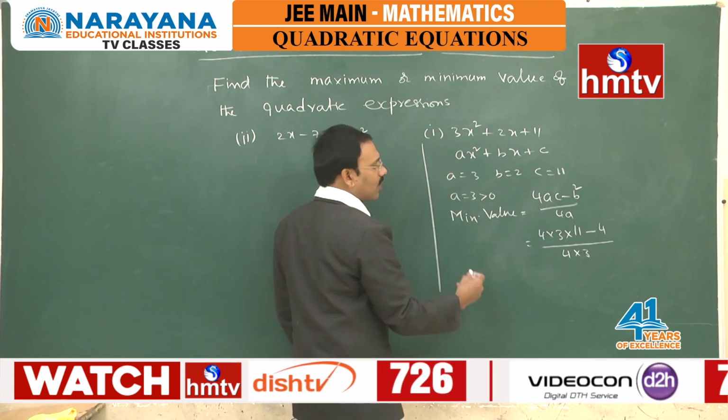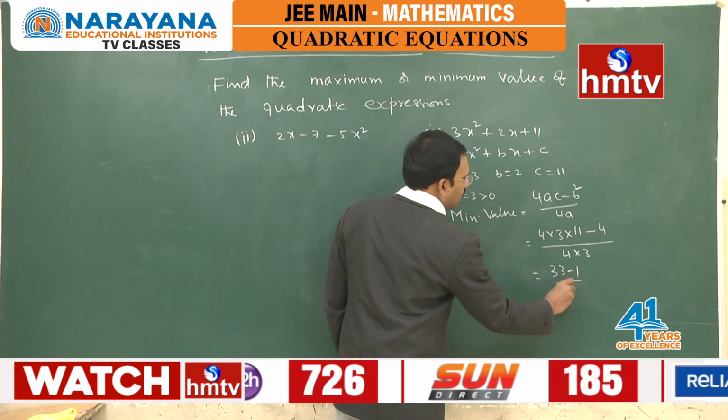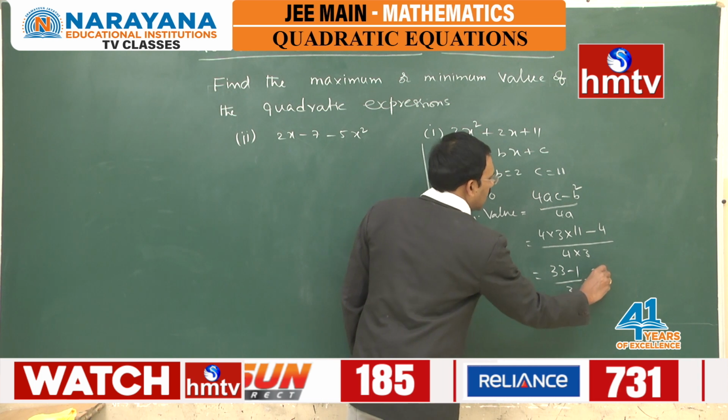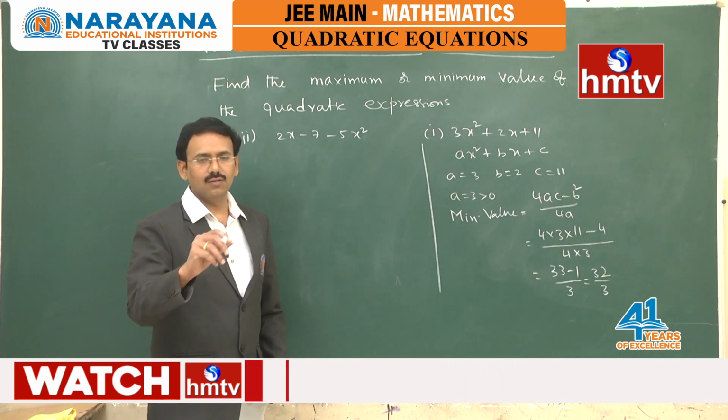You can take 4 common and cancel. 33 minus 1 by 3, which is 32 by 3, is going to be its minimum value.